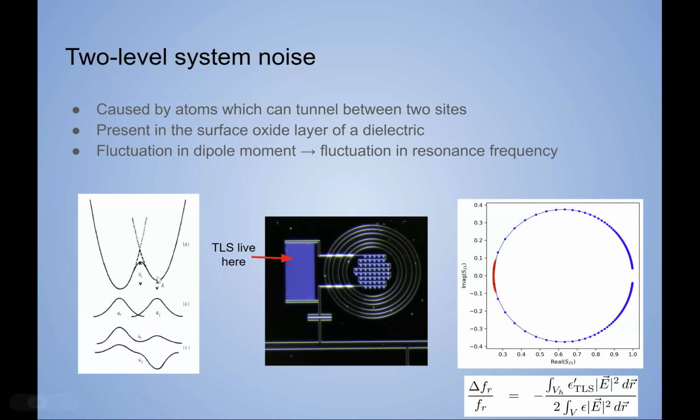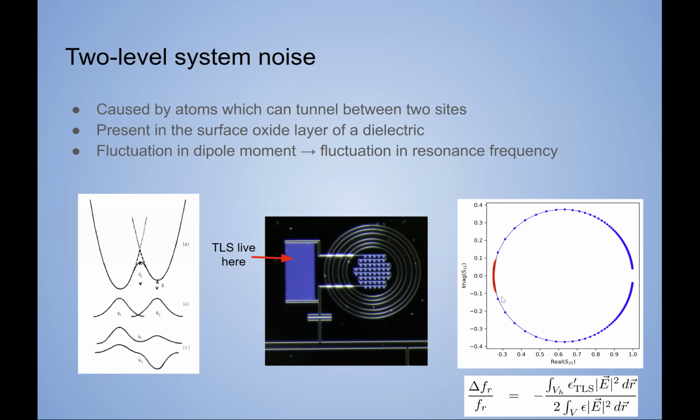That changes the dipole of each two-level system, and as the dipole moment changes, it couples differently to an electric field, which causes a shift in the dielectric constant, which means your resonance frequency is changing because the actual capacitance of this part is changing.